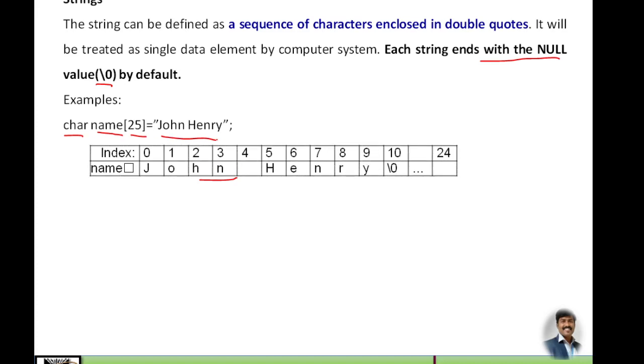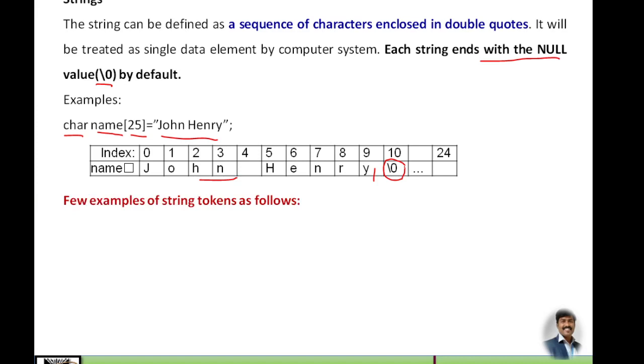This information is stored in a sequence of consecutive memory locations. Here the first character J is stored at index 0, O is stored at index 1, and so on, and the last character is stored at index 9. After that, a null character is inserted automatically by the compiler to mark the end of the string.